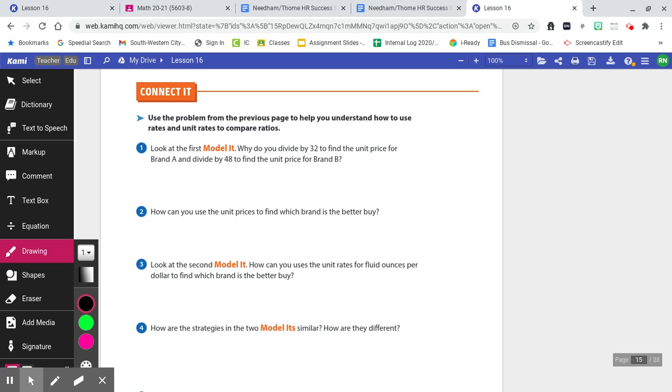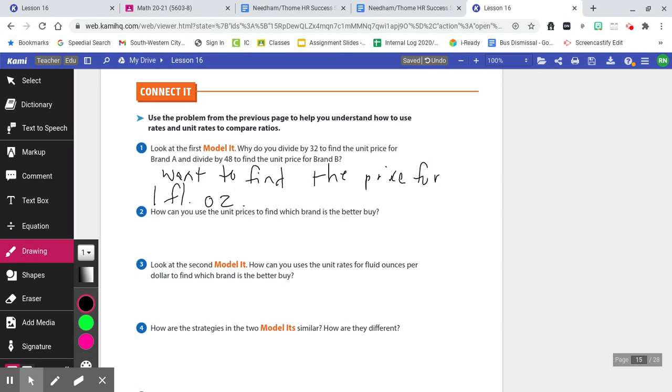So therefore, I'm going to divide by 32 and 48 to get my 1.